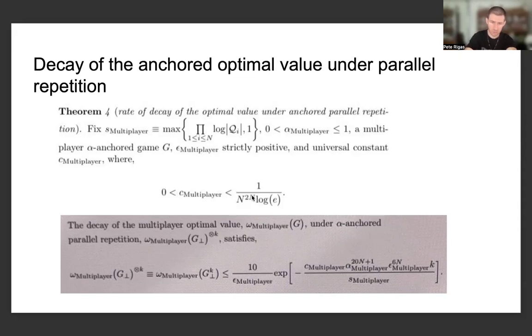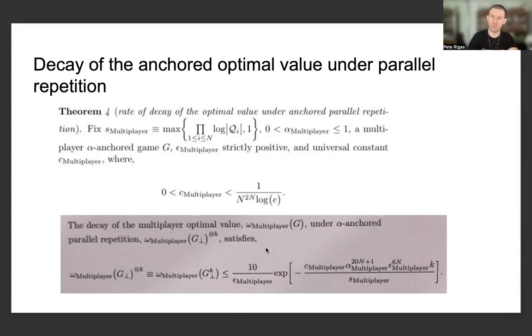over big N to the 2 to the big N log of E, then we have that the decay of the optimal value satisfies this form. I made some very slight edits from the expression that I provided in the previous presentation, namely the fact that we're looking at performing little k rounds of parallel repetition, and the decay of omega multiplayer of big G of bot, namely the anchored game, under little k rounds of parallel repetition is upper bounded by 10 over the epsilon multiplayer.